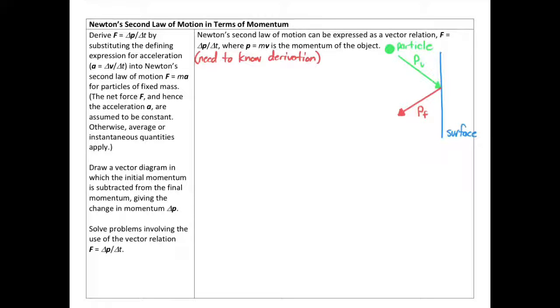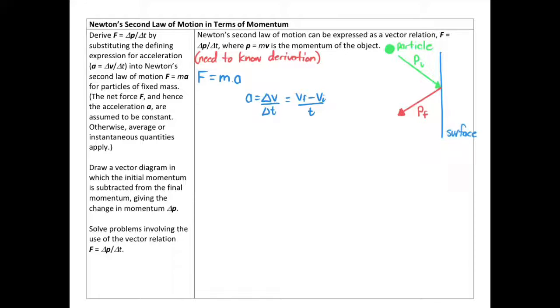So, let's make a start. So we know that from Newton's second law, force equals mass times acceleration. But the acceleration can be given by, if we go off our formula sheet, delta V on delta T, which is equal to Vf, the final velocity, minus the initial velocity divided by time.